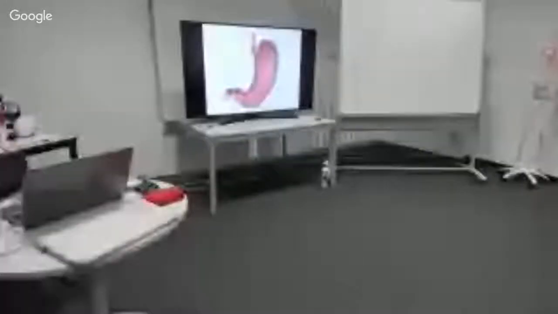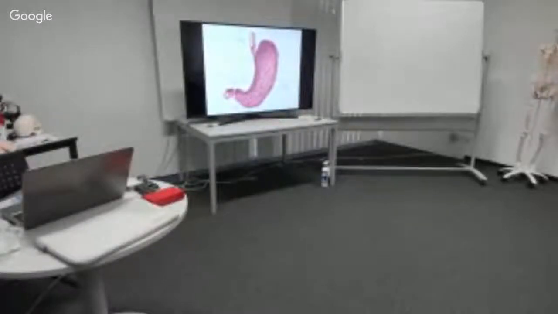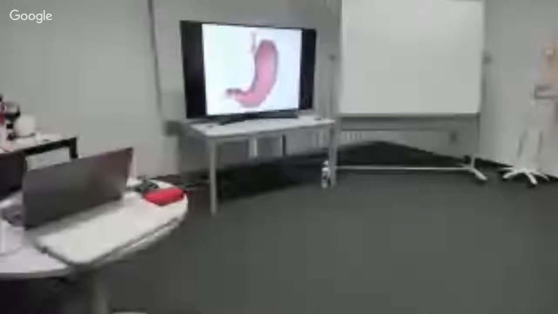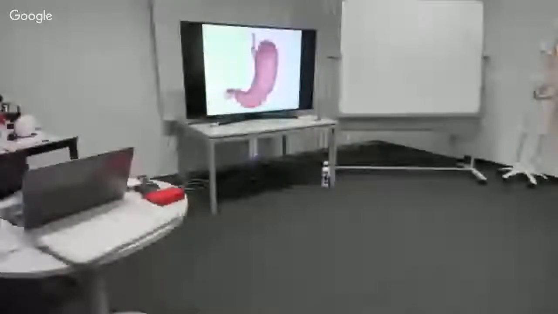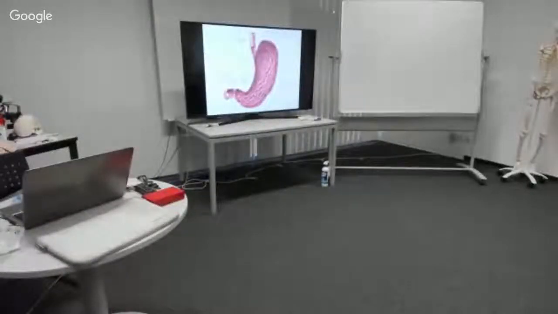Okay, so these folds, these rugal folds, are going to disappear. I mean, to become flattened. Okay, when the stomach is filling. And that's why we can see protrusion, because the stomach is enlarging, and the stomach is enlarging because the folds are flattening.